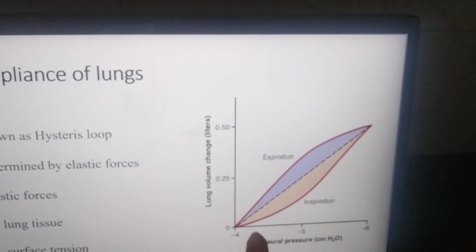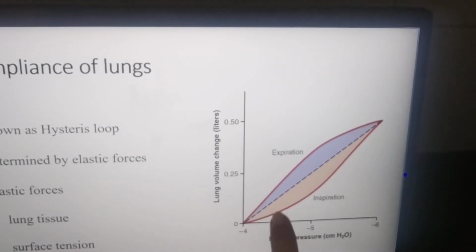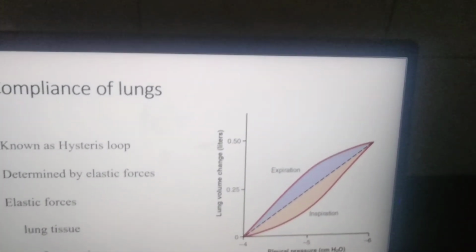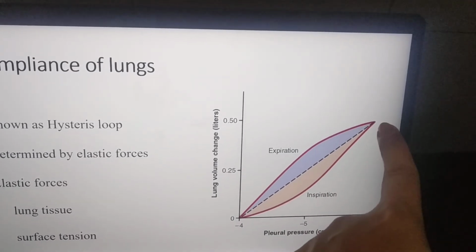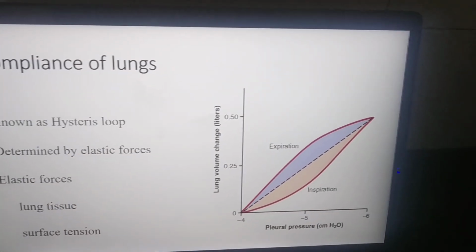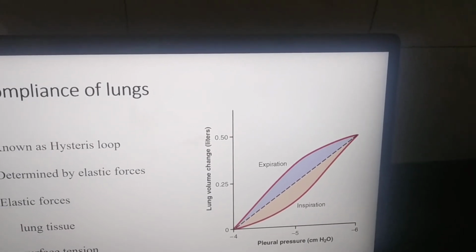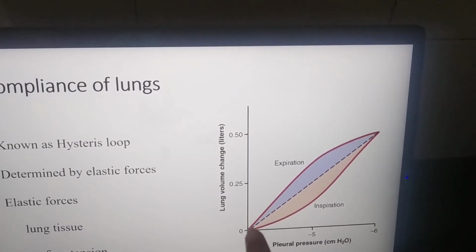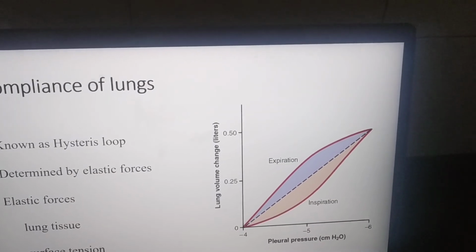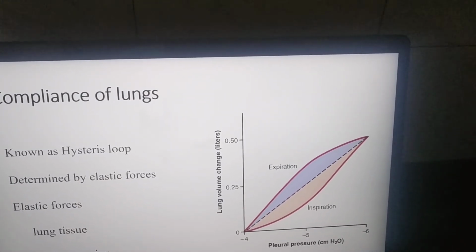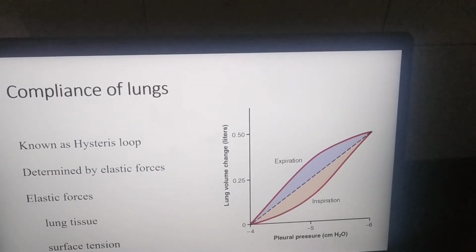For a very small change in pressure, the curve goes up rapidly. This is the steepest portion. There is a quick increase in the volume of the lung with a very small change in pressure. So there is good distensibility, or good compliance, at the start of inspiration.